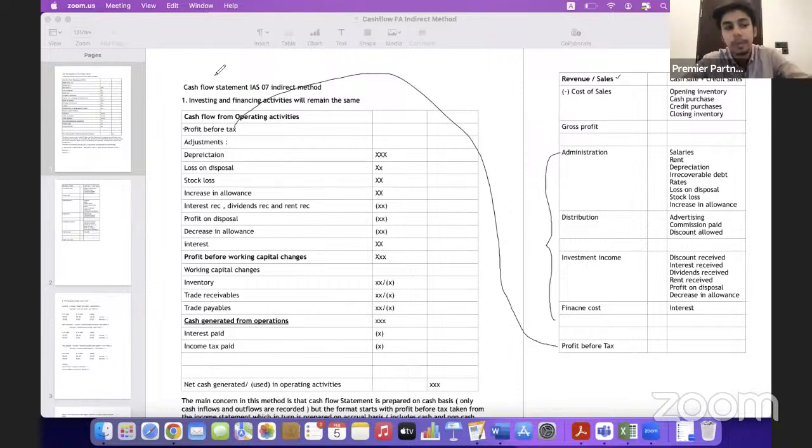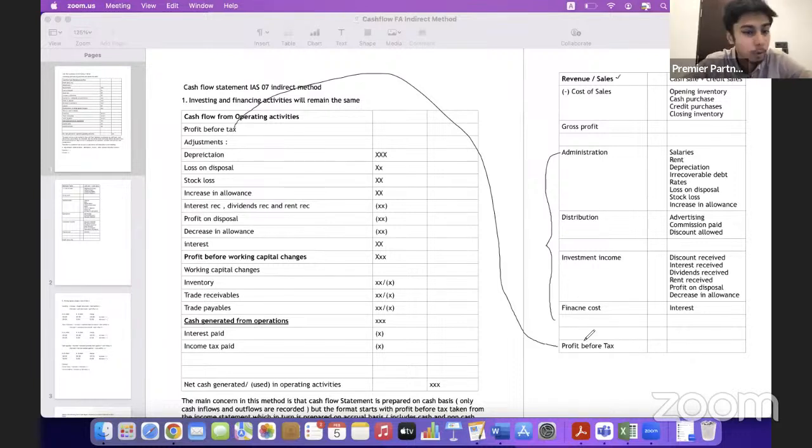Now that's where the problem is. When you calculate profit before tax, we sometimes consider non-cash transaction. Now guys, you need to understand, in a cash flow statement, we can only show cash transactions. Only if money comes in or if money goes out, we can show.